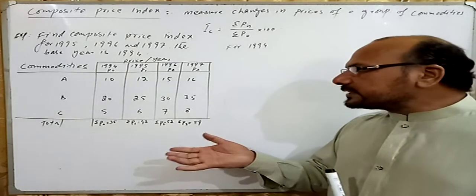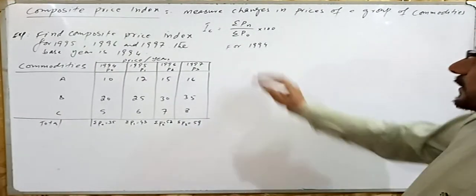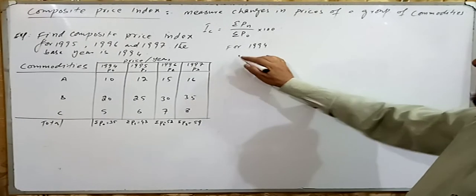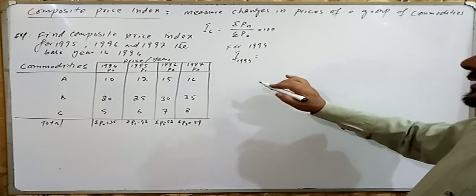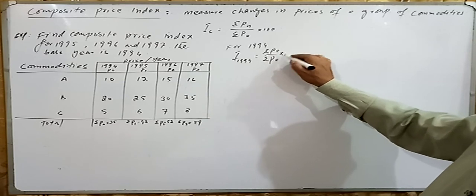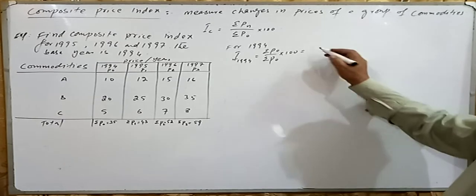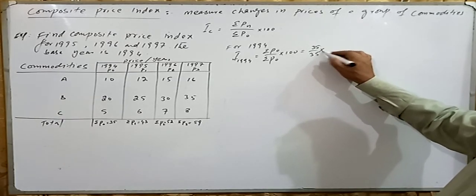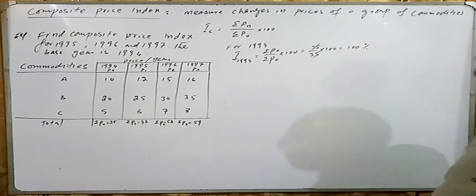So the index for 1994 is equal to summation of P naught over summation of P naught multiplied by 100. It becomes 35 over 35 multiplied by 100, so it will become 100%, because these two cancel.